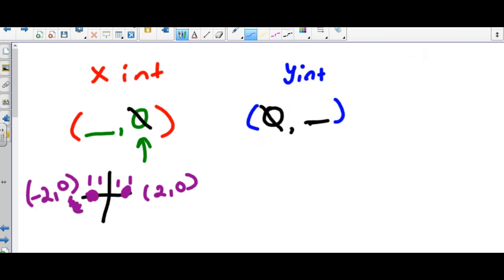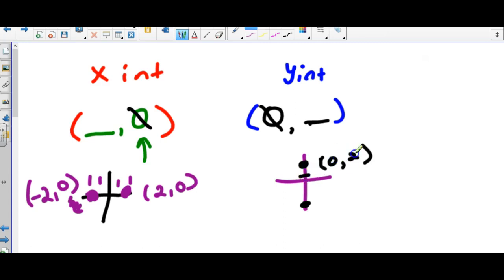Over here, take a look at this graph. The y-intercept lies on the y-axis. So let's say hypothetically this point was y is 2. So it would be (0, 2), because remember the origin, I didn't go left or right. I just went up 2.